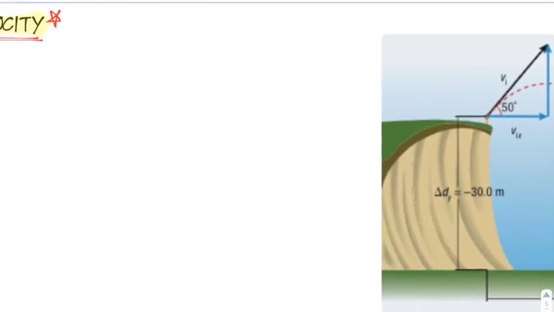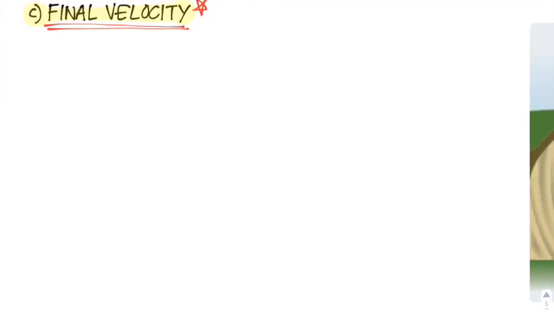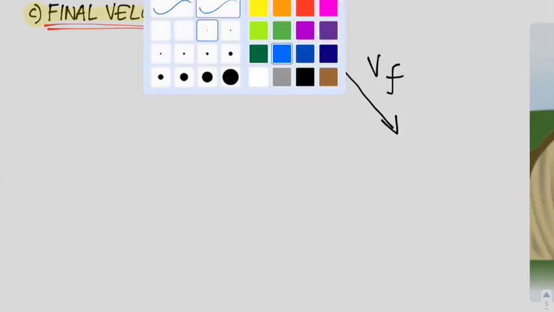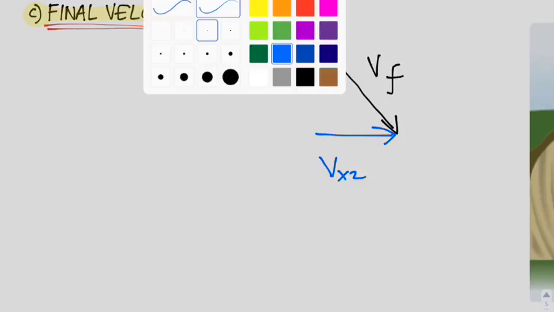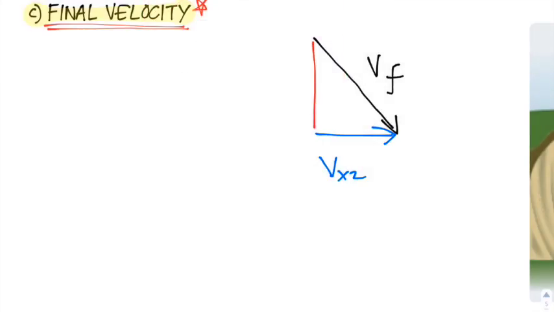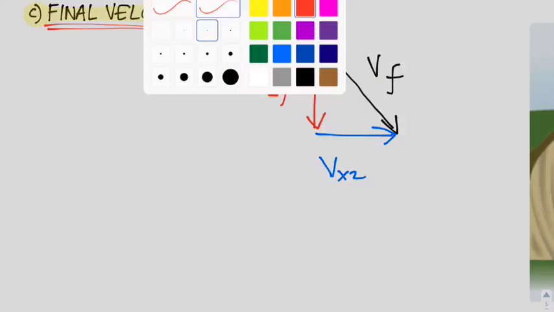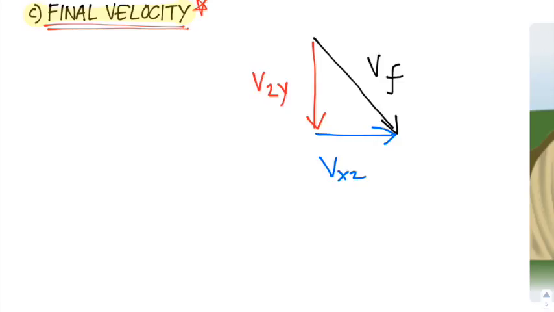So when solving the final velocity of a projectile, we'll need to determine the final x component of its velocity and the final y component of its velocity, as well as the angle it is making in order to report the direction. So let's begin.